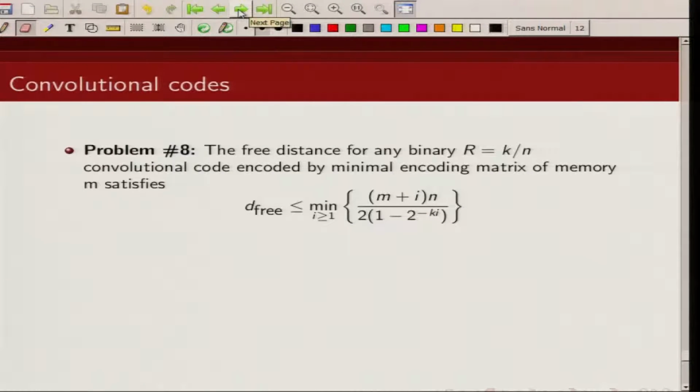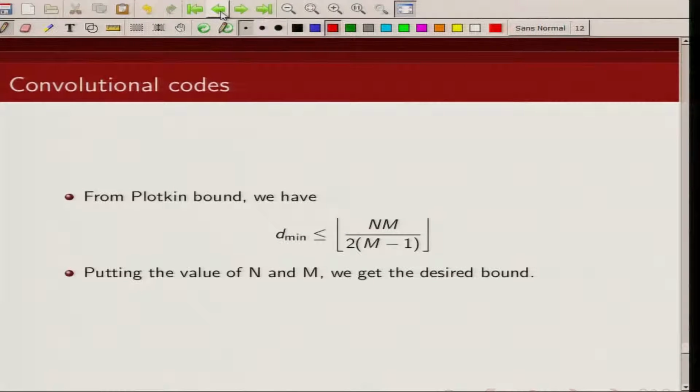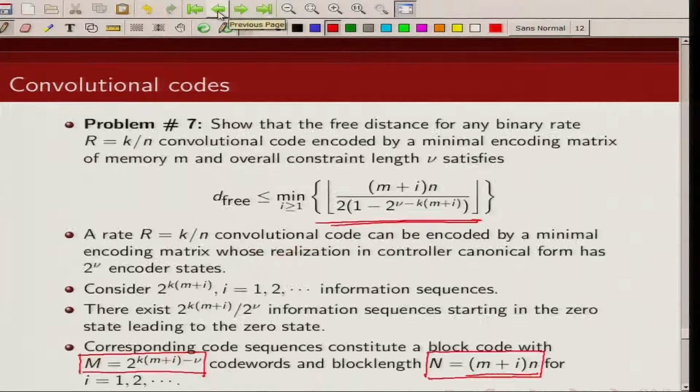So, the next problem that we will solve is to show that free distance of a rate k by n convolutional code is upper bounded by this. Now, this result can be obtained from the bound that we have derived earlier, this bound. Okay.